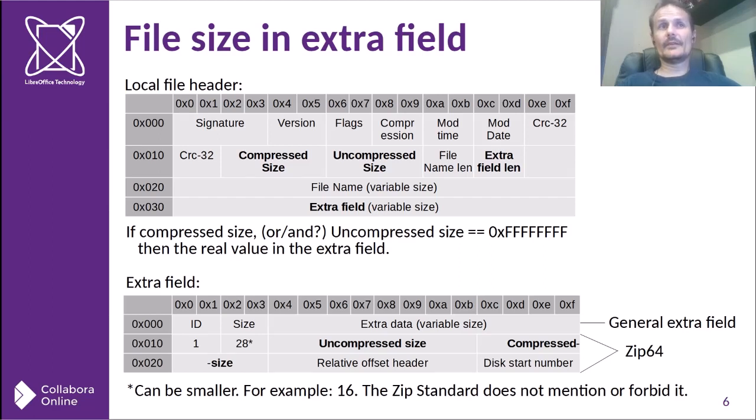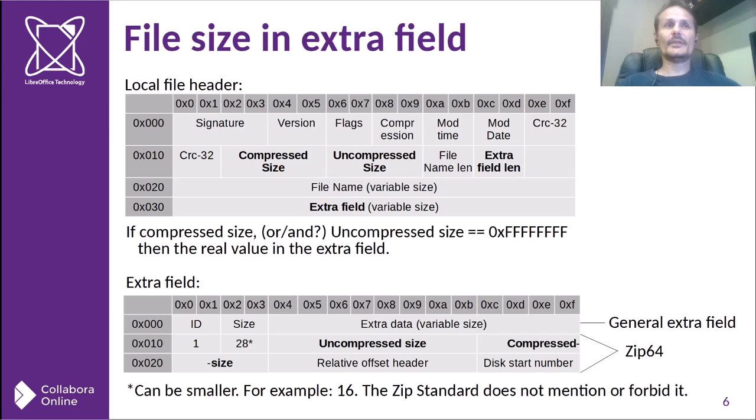And the standard also says in other directions too, that if the compressed size or the uncompressed size is equal to the maximum number that can be present in that field, then the real value is in the extra field. We have to read that from there. I wrote these question marks there because it's a funny thing that the standard is not clear here.